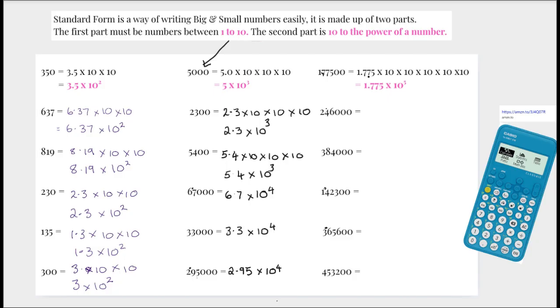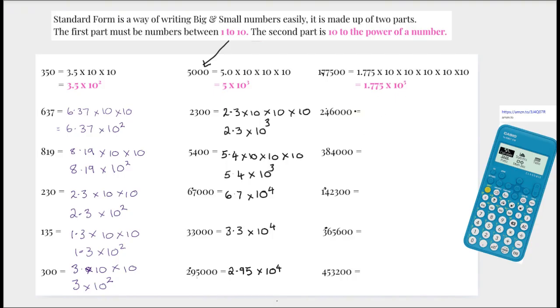So 1.775, just keeping all the numbers. Stop when you get to the 0. And then it's going to be times 10 times 10 times 10 times 10 times 10. It's just so much easier to write it like that. Remember, you're just keeping all the numbers, stopping when you get to 0, and then writing 10 to the power of 5, or whatever it needs to be.